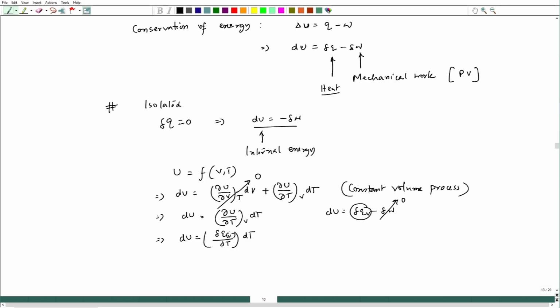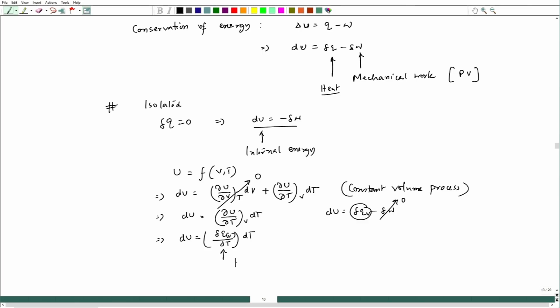Now, what does it mean? It means that per unit change in temperature leads to a certain change in heat. That is nothing but heat capacity.